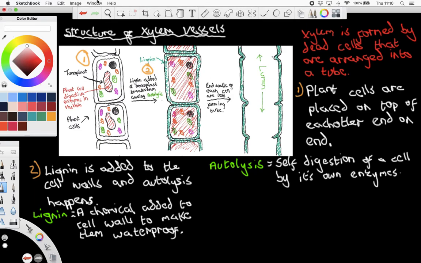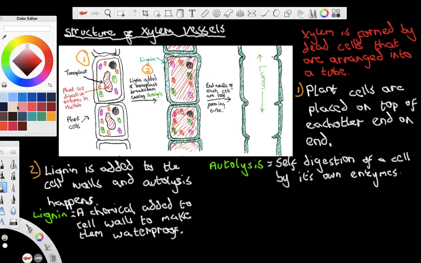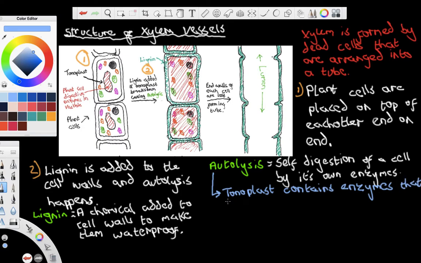Okay, so I'm going to add underneath here by saying that the tonoplast contains enzymes that cause autolysis.